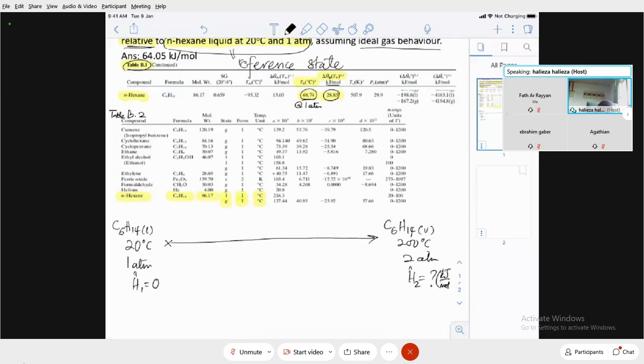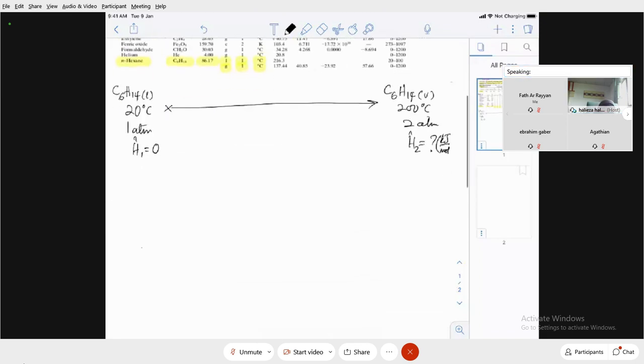Okay, so what do you have to do next? Starting point, 20 degrees C, 1 atm. What do you need to do? Anybody? Change the temperature to the boiling point. The liquid, the phase the same, pressure the same, temperature of boiling.